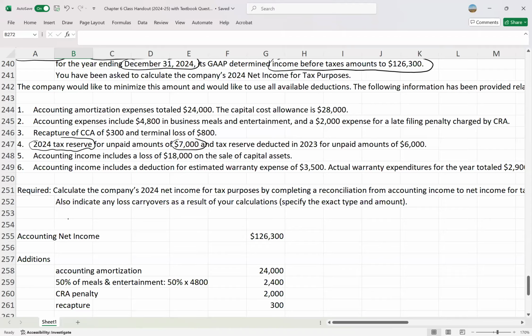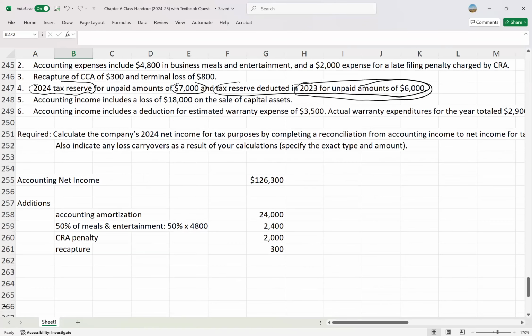Relating to the same unpaid amount, last year we deducted a reserve for unpaid amounts of 6,000. So remember how reserves work? Any reserve that we deduct in one year, we have to add back in the next year. So this 2023 reserve that we deducted last year for 6,000, we have to add that back this year.